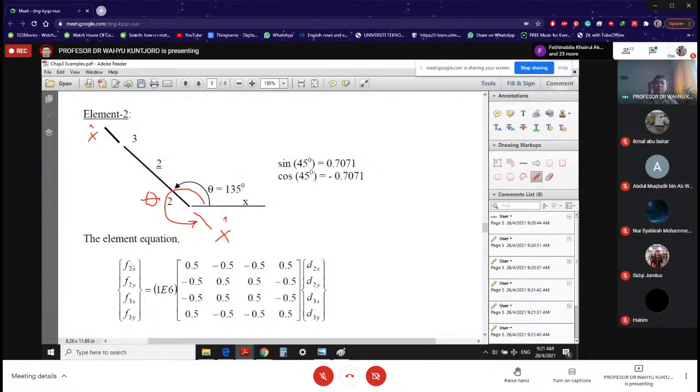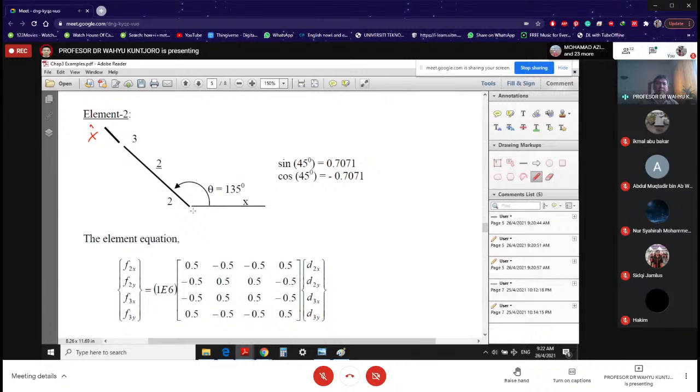So that's the consequence of having it from 3 to 2. That's the reason I suggest that you do it from low node to high node number. Then you are going to have increasing node 2, 2, 3, 3 rather than 3, 3, 2, 2. But it is not compulsory. As long as you know your mathematics, you know how to rearrange the matrix, then that's fine.